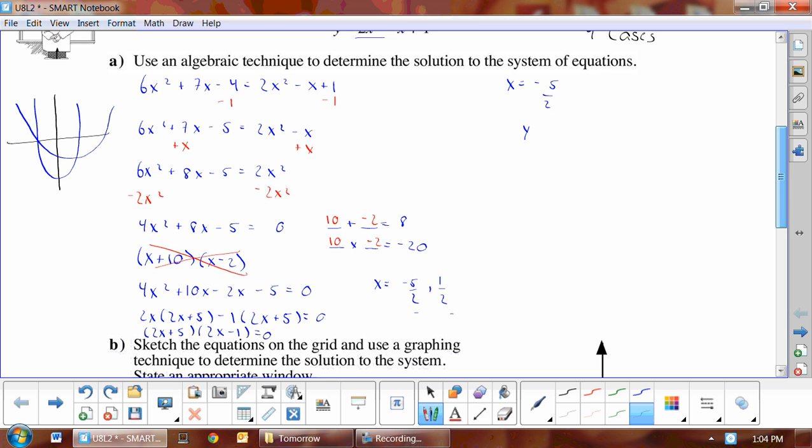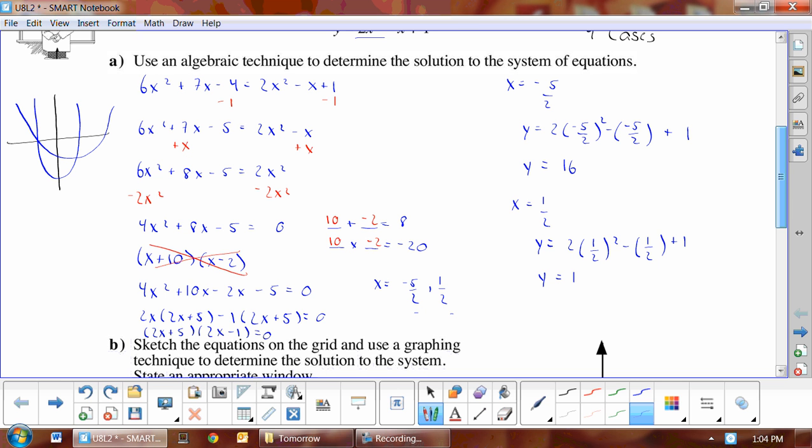So I'm going to put it into this one. We get, okay, perfect. Y is equal to 16. Then for the 1/2, we do the same thing, and we get that y is equal to 1.